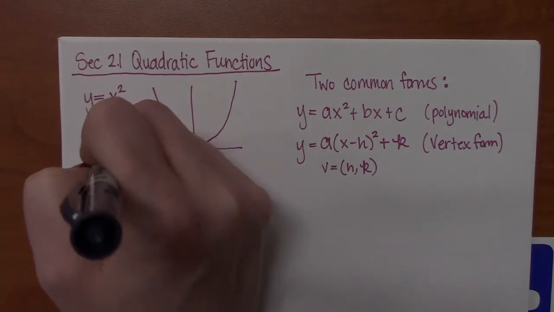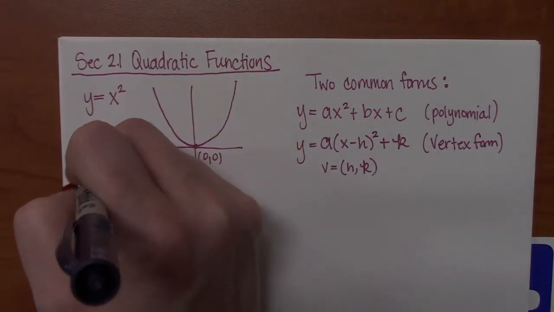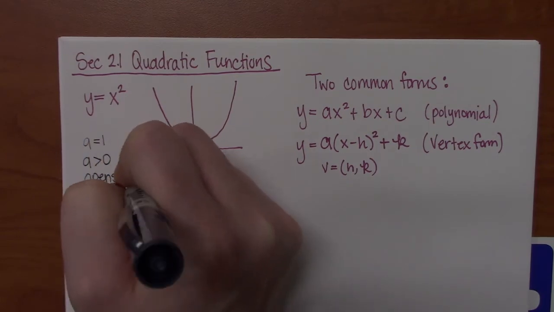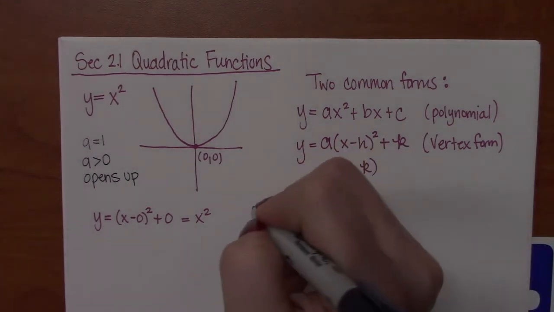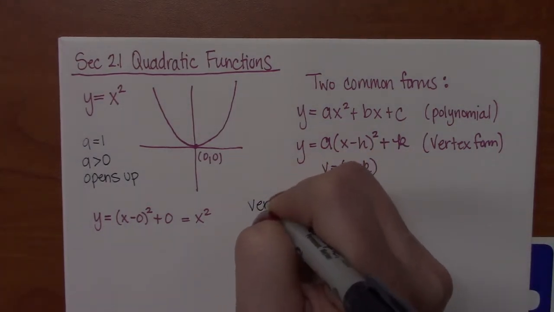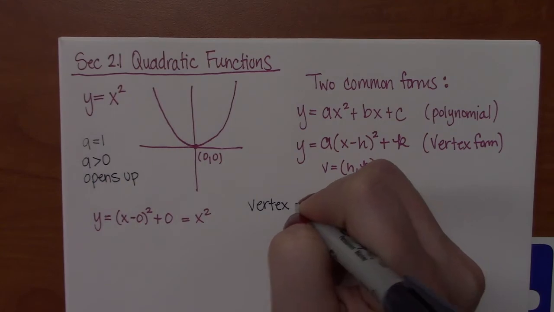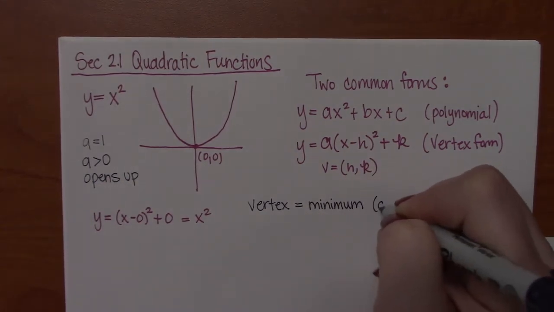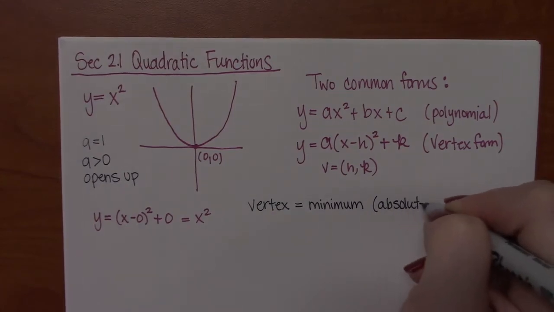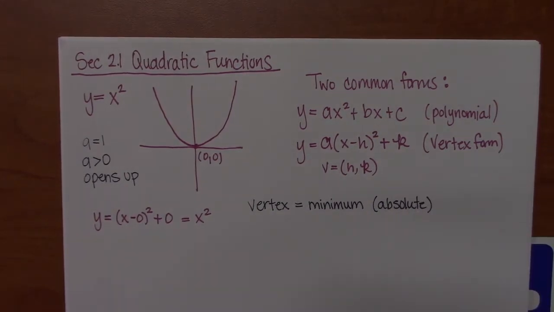So what we say is if a is a positive value, the parabola opens up. When the parabola opens up, the vertex is the minimum, and more specifically, it represents an absolute minimum on the graph. The graph will never go lower than the y value at that point.